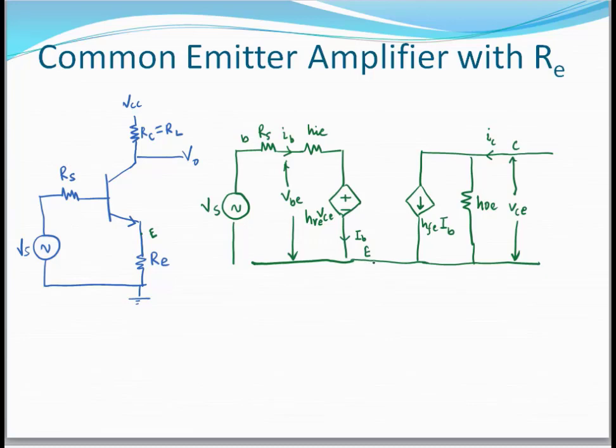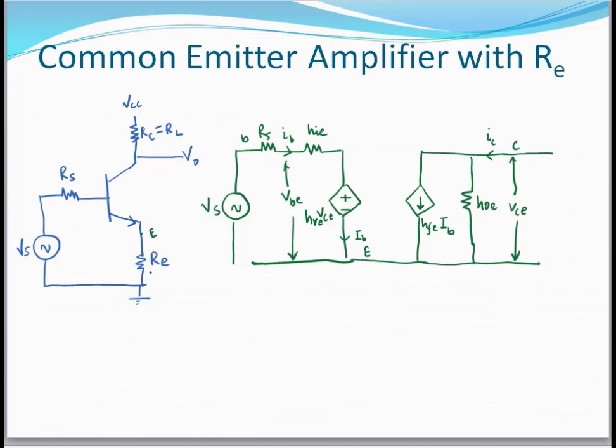So I am drawing the emitter resistance at this point, and after the emitter resistance the source Vs is to be connected, and for RL or RC, the second terminal of RC, RL and RC is VCC. Whenever we draw the hybrid model, DC voltage gets grounded, so this VCC will also be connected to the ground. That's why I have not drawn RC here up to now.